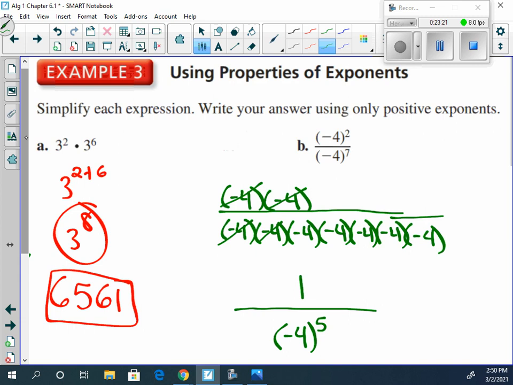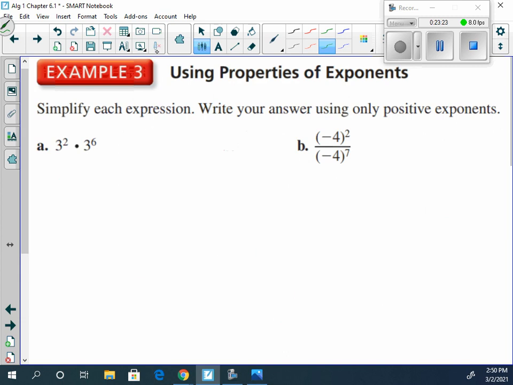So I'm going to look back at this property. Because with division, a to the m over a to the n is equal to a to the m minus n. This is what the formula says. This is what the property says. So if we use that here, well, this would be negative 4 to the 2 minus 7.